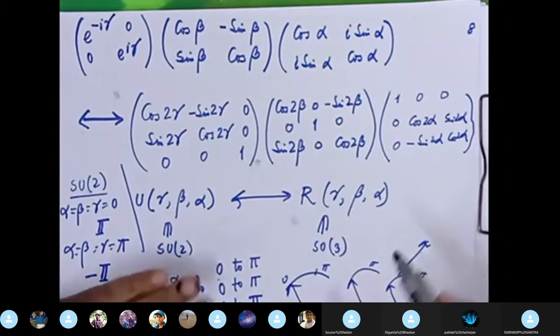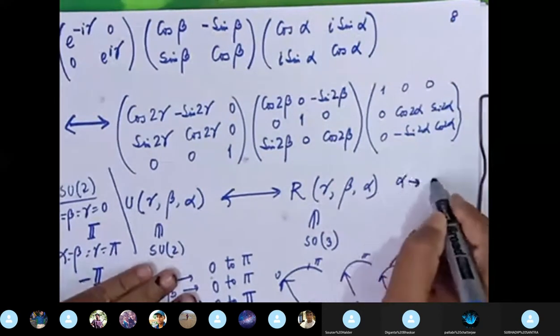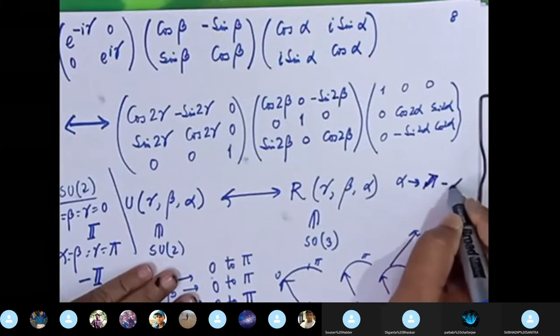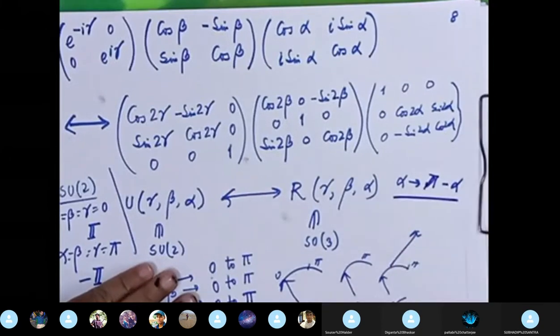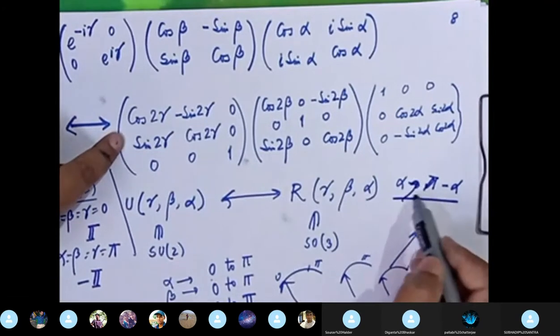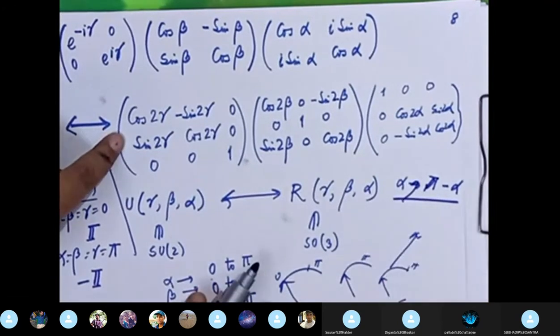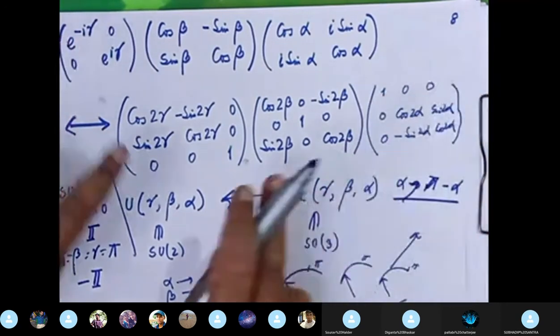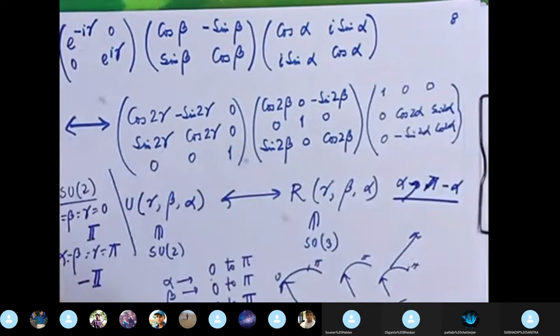You can just change alpha to pi minus alpha, and check that for both alpha and pi minus alpha this matrix remains unchanged, the same. But this matrix will not be the same. That means there are 2 different matrices which are mapped into one matrix. There is a 2-to-1 mapping.